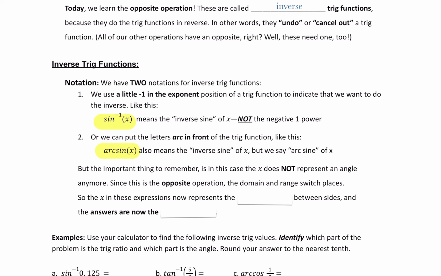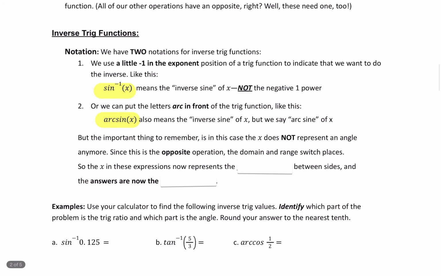So that's arc sine, which also means the inverse sine of x, but we say the arc sine of x. Both of these are totally acceptable. The one that our calculator is going to use is this first one, the inverse sine of x. I will probably say arc sine of x just because it flows a little smoother, but this is probably the more popular notation.